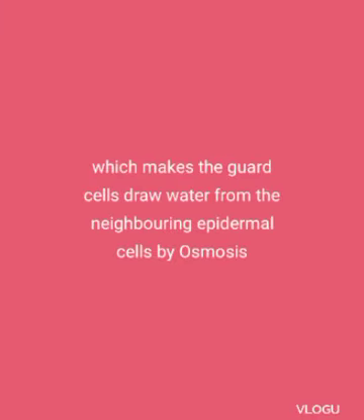concentration of the ions in the guard cells. And accumulation of potassium ions in the guard cells will increase the osmotic potential, also the osmotic pressure within the guard cells, which makes the guard cells draw water from the neighboring epidermal cells by osmosis.